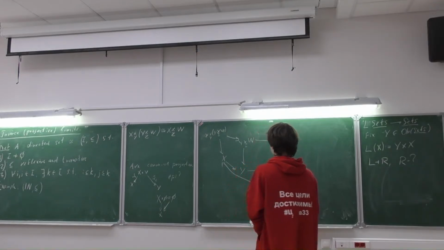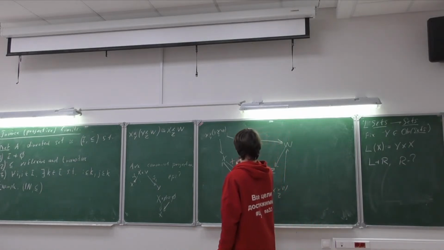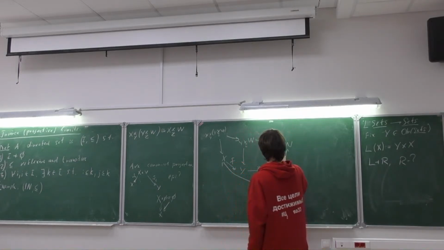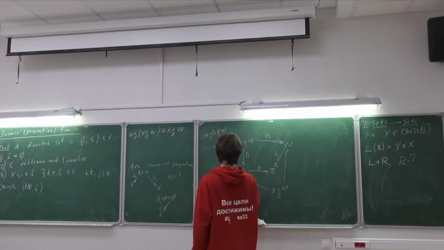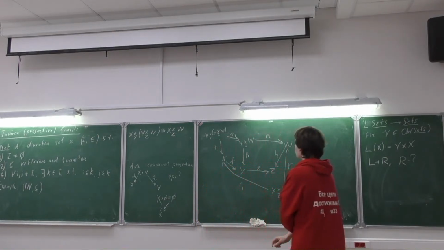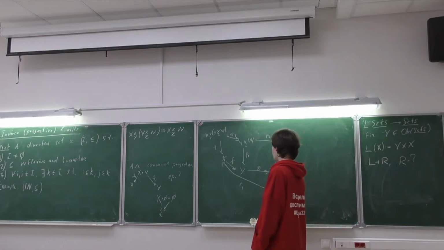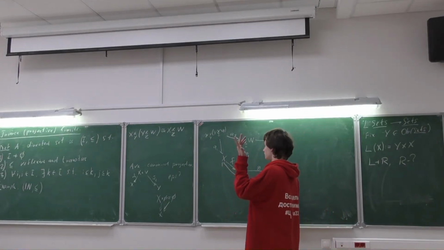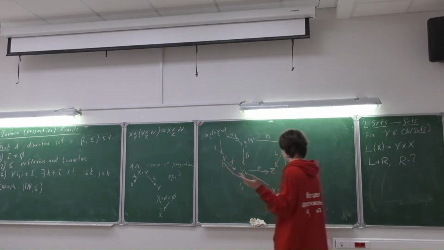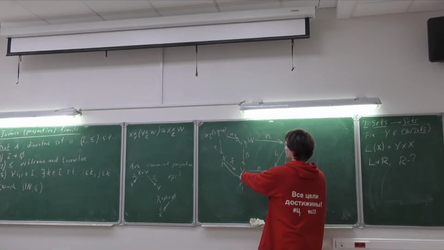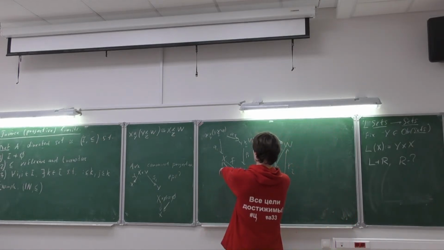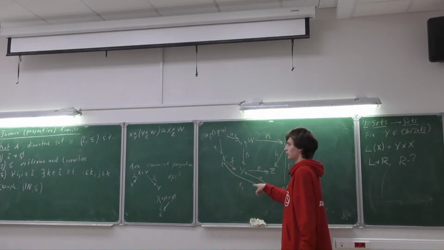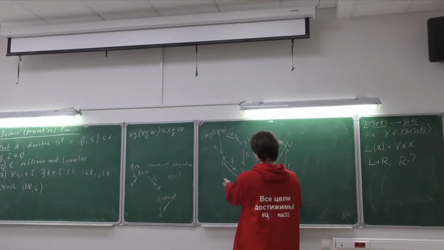So we have A from this one to Y. So the composition R1 and F. I can just write the composition.